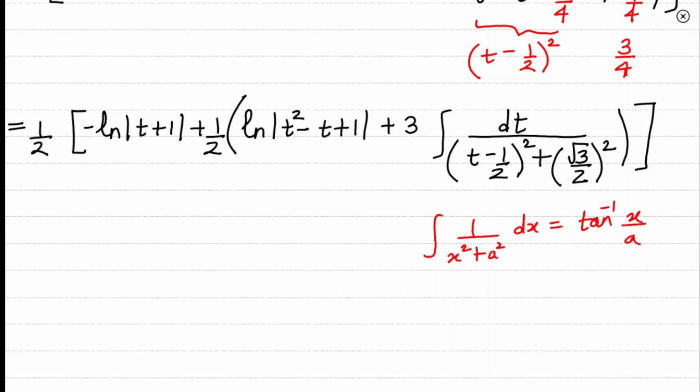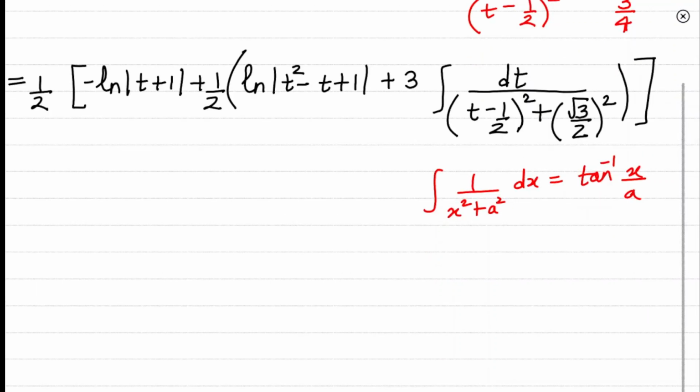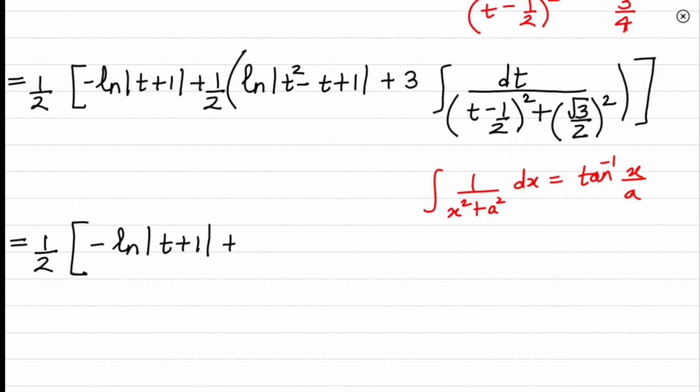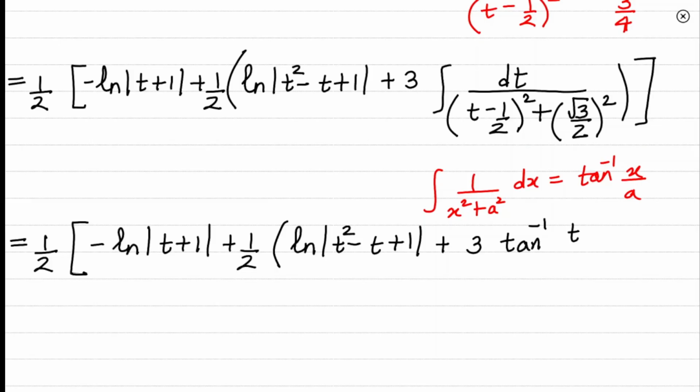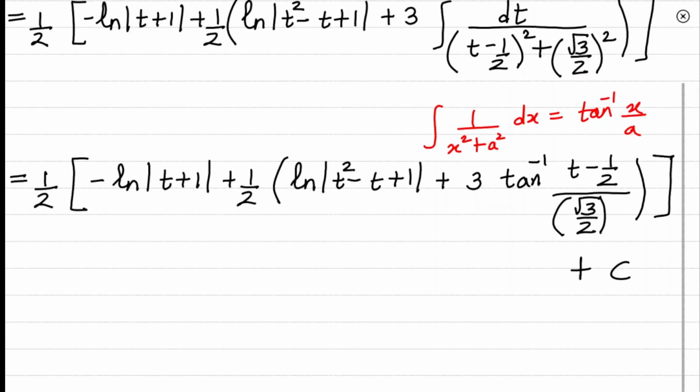So we can use that integral formula, and we have half minus ln mod t plus 1, plus half bracket ln mod t square minus t plus 1, plus 3, and instead of this integral I can write tan inverse of t minus half divided by root 3 by 2. Let's close the round bracket and then close the box bracket. Let's add the constant of integration c, and this is nothing but the final result.